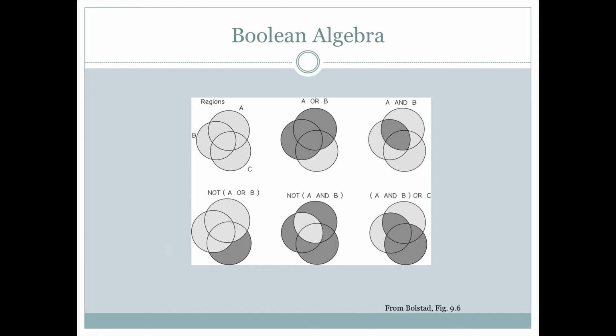So we can think of these like Venn diagrams. If we have these three different regions here, A, B, and C, if we want to select A or B, it's everything in A in addition to everything in B. But if we say A and B, then the only area that has both of those in common and would be selected would be the area of overlap, where A overlaps B. If we said not A or B, we would start with A or B and then unselect this and select what was not selected, and end up with this part of C here.